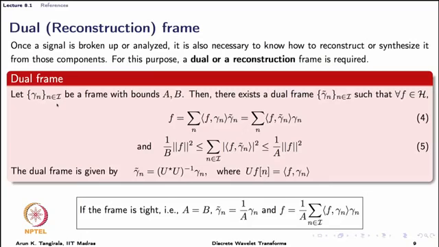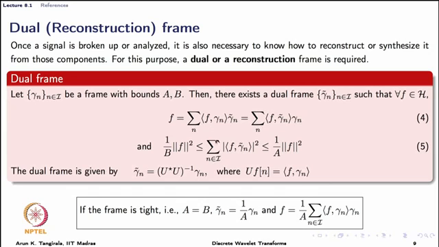Suppose gamma is the frame that I have used to break up A and B, then there exists a dual frame gamma n tilde, again n could be finite or infinite, such that for any function in the Hilbert space, I can write this function as a synthesis equation here. That is, the inner products of f with the analyzing frame, or the reference frame gamma, are being used to reconstruct my f, but then I have another equation here and we will talk about that very soon.